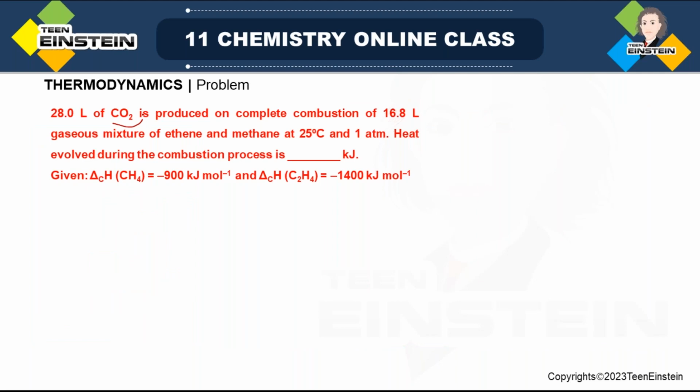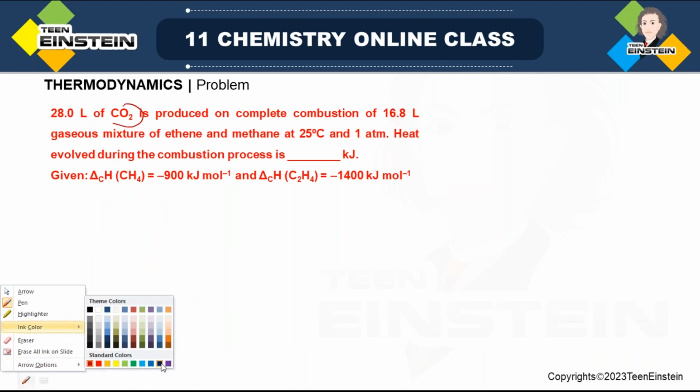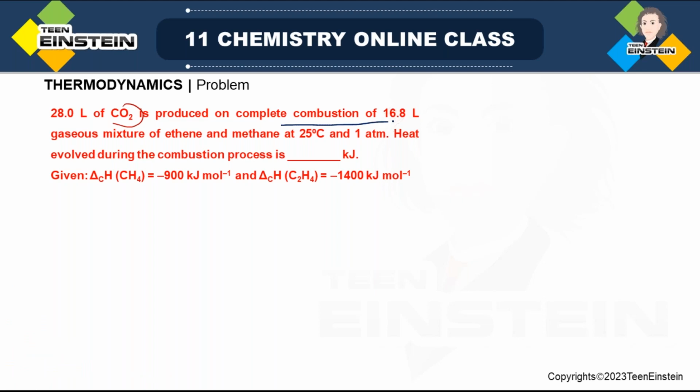28 liter of carbon dioxide is produced on complete combustion of 16.8 liter gaseous mixture of ethene. Ethene means H2C double bond CH2, ethylene or ethene, formula C2H4.